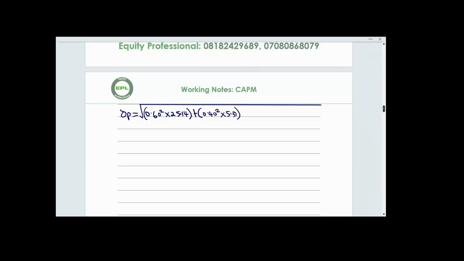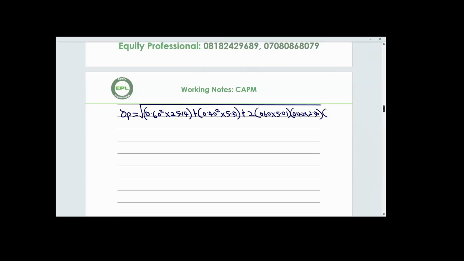Then plus 2, multiplied by the standard deviation, we are investing 60% in X. What's the standard deviation of X? That's 5.01, multiplied by, we are investing 40% in Y, multiplied by 2.3.